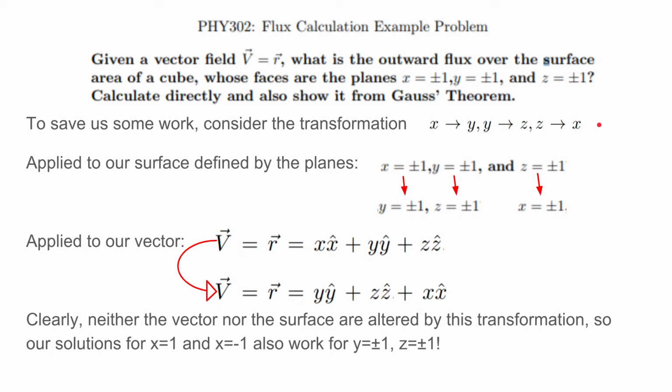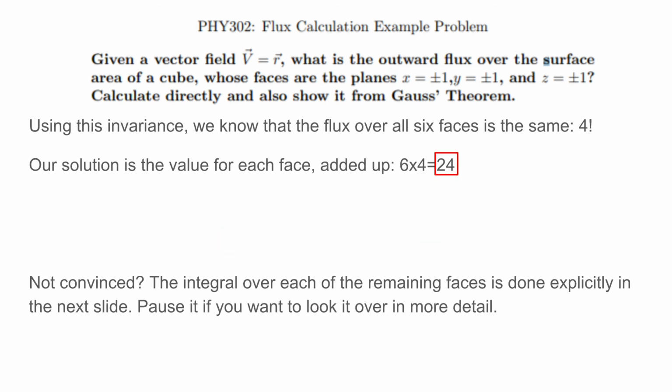We can assume that the value we get for one side is the value for all 6 sides of the cube. That gives us our flux as 6 times 4, which is 24.